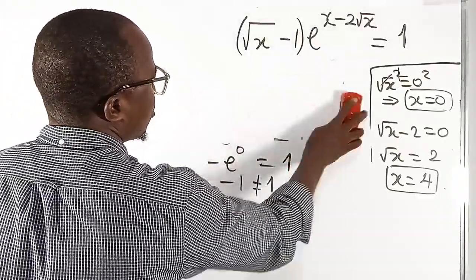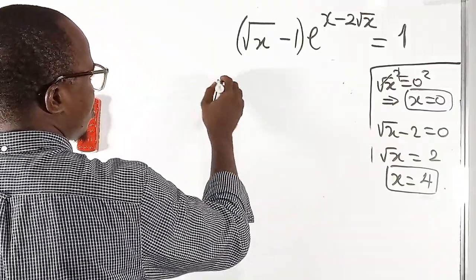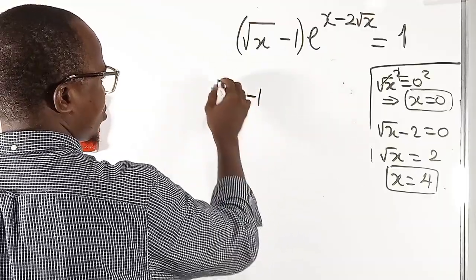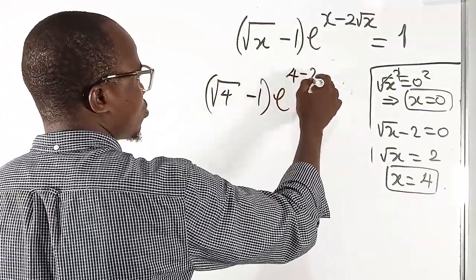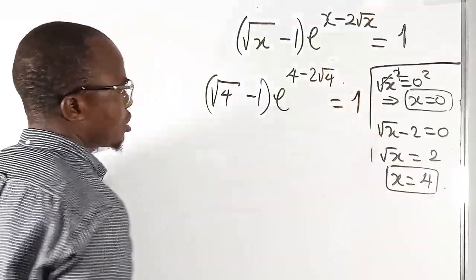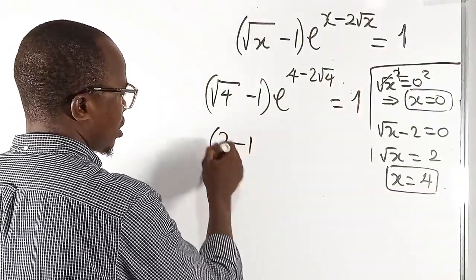Now let's check for x equals 4. So when you have the square root of 4 minus 1, then e to the power of 4 minus 2 times the square root of 4 equals what? Equals 1. So what is the square root of 4? We have 2. Take away 1.